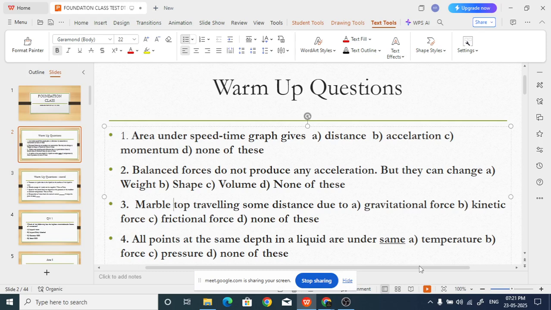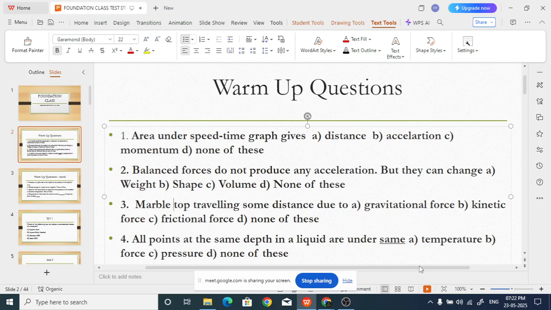One boy says it is shape. So others can tell me whether it is correct or not. Shape, yes. It can change the shape. It cannot change the weight. It cannot change the volume. Of course, the fourth one is none of these. So it can change the shape.